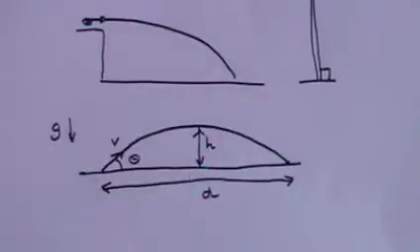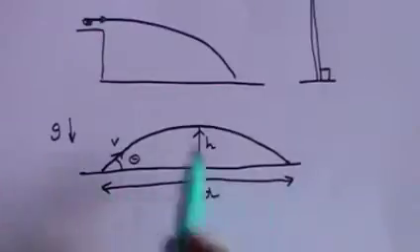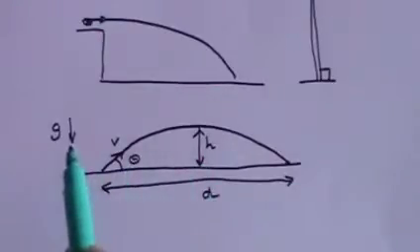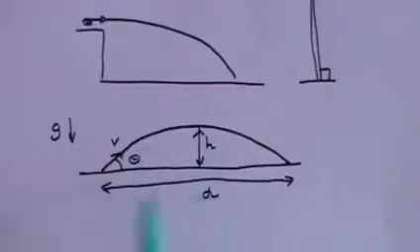Now, in some questions, of course, it'll be the other way around. You might be given d and h and v and theta and asked to calculate g. Any variable is possible, but in the classic you know g, v and theta and you calculate d and h.